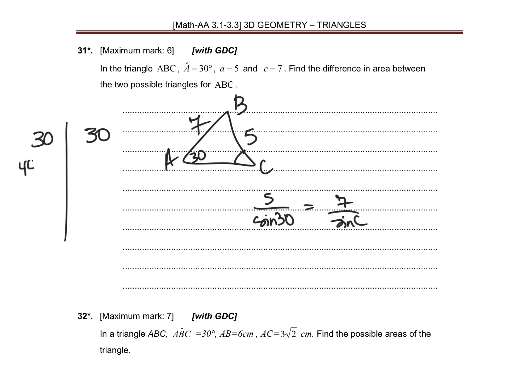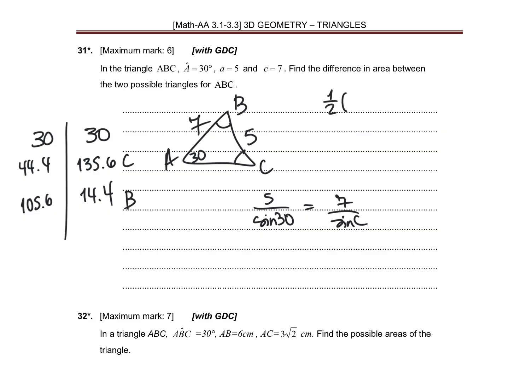So 44.4, and then 180 minus that, which is 135.6, and then 180 minus 30 minus the 44.4, which is 105.6, and 180 minus 30 minus the 135.6. So this is 14.4. So that gives us, so this is C, so this is B here.